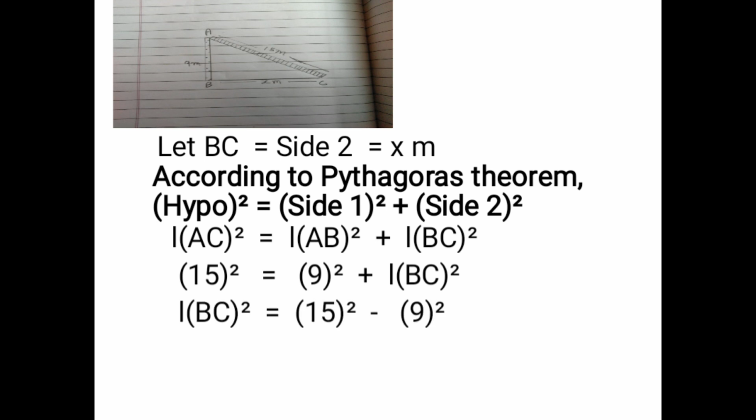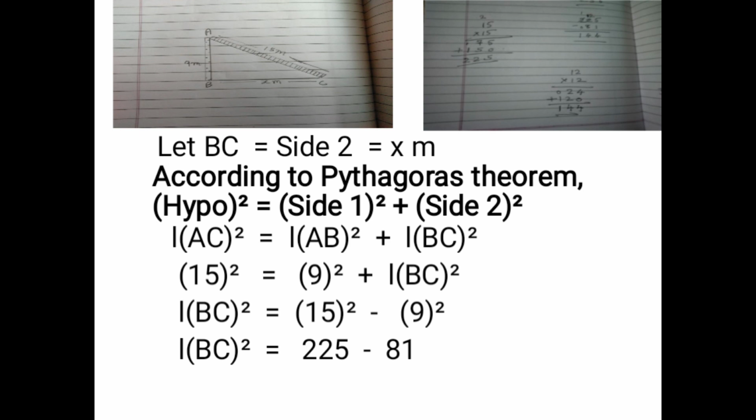Length of BC square is equal to 15 square minus 9 square. You are finding side 2 square, so BC square you have to take on the left side. Side 2 square is equal to hypotenuse square minus side 1 square. Length of BC square is equal to 15 square, which is 15 into 15, 225, minus 9 nines are 81.